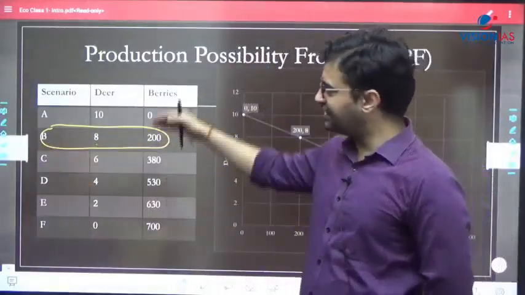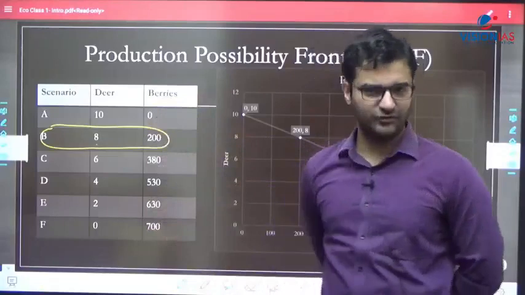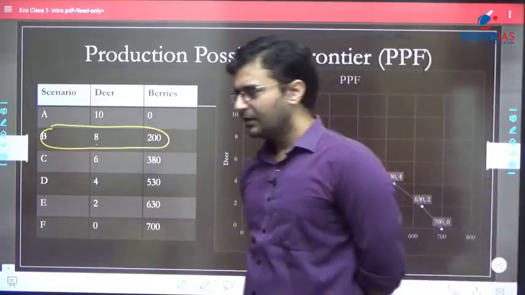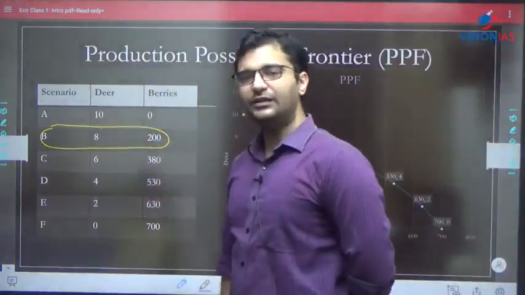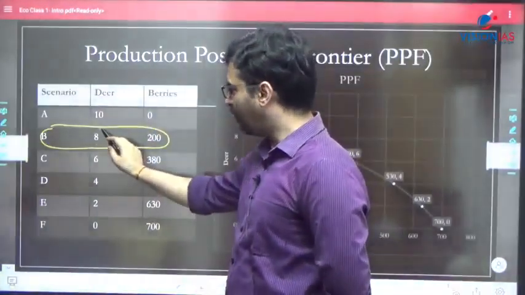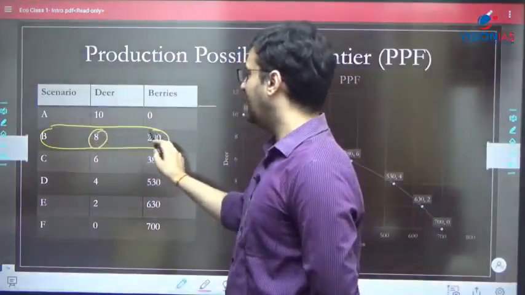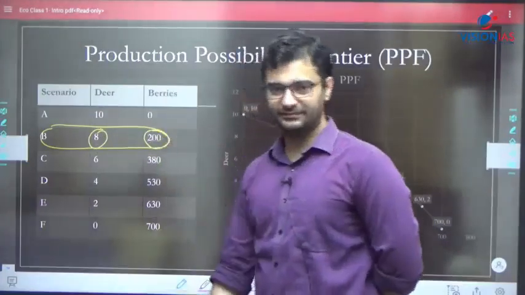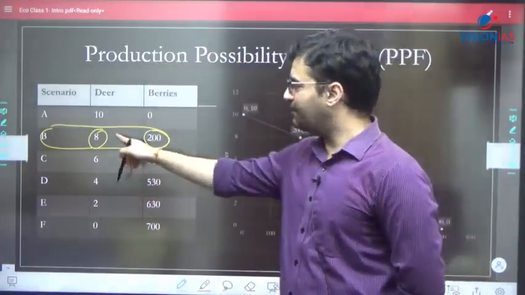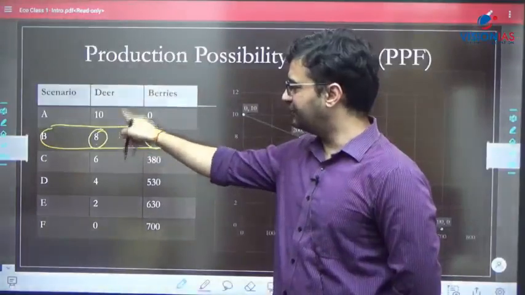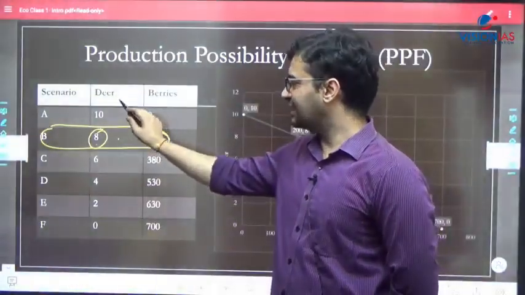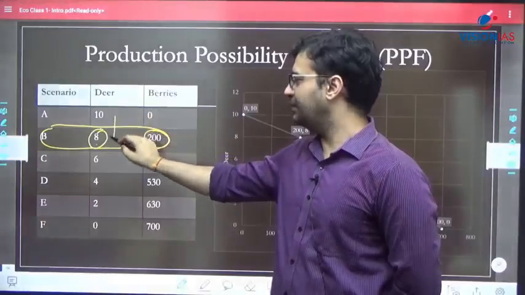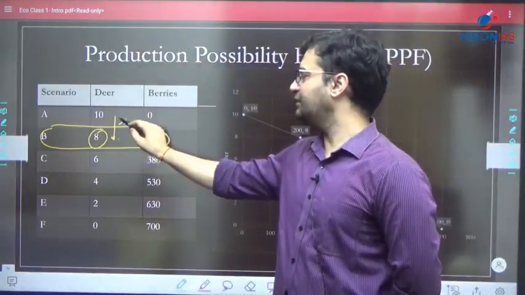You choose scenario B. That means you have rejected A, C, D, E, F. You have rejected these scenarios. What is the output that you get on choosing B? You get an output of 8 deer and 200 berries. If you compare this scenario B with A, as compared to A, in B you collect -2 deer.